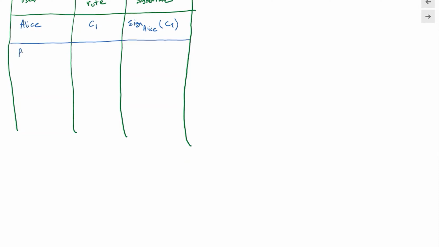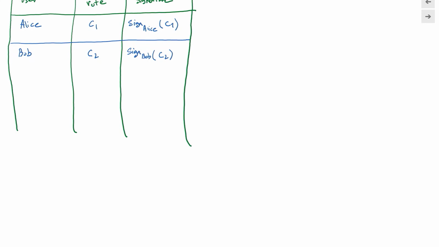Bob would show up, would cast C2 and sign this C2 under Bob's key, and so on and so forth.